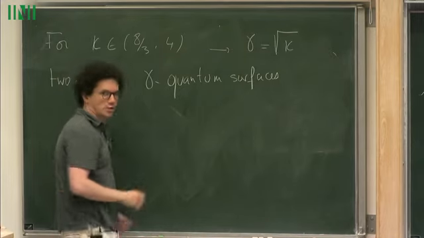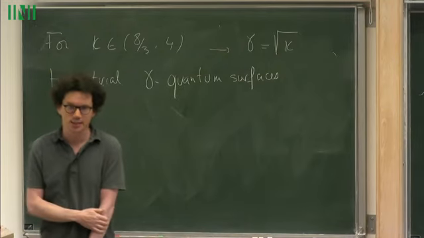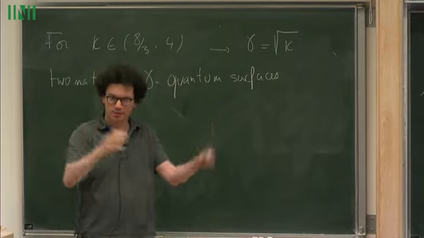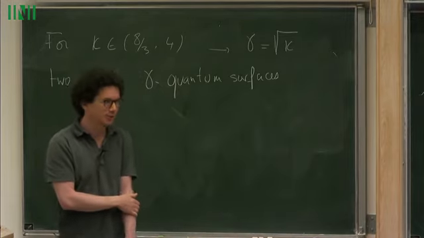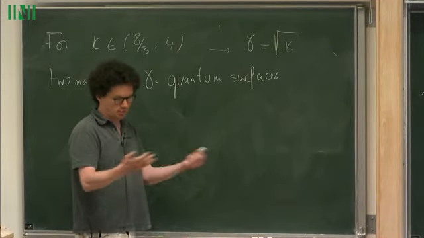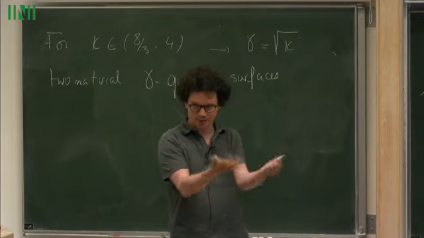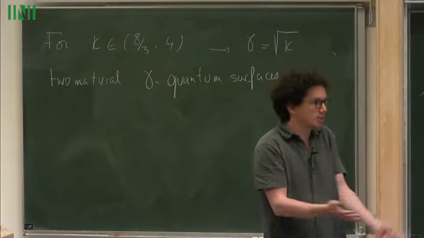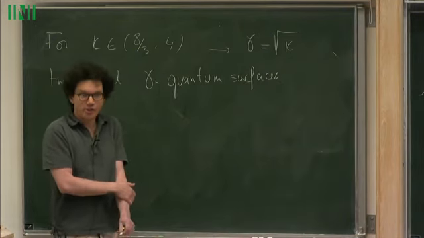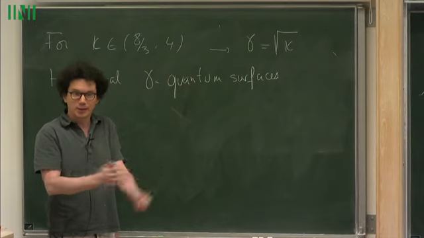So gamma quantum surfaces in the sense I said yesterday, which is basically in the Duplantier, Miller-Sheffield sense, which are random pieces of space equipped with a special area measure, which is conformally invariant.